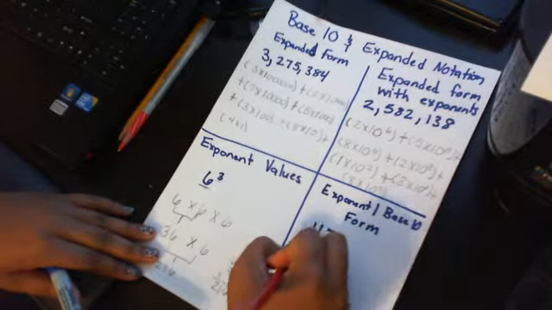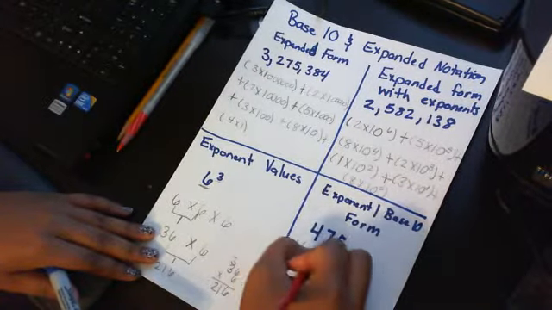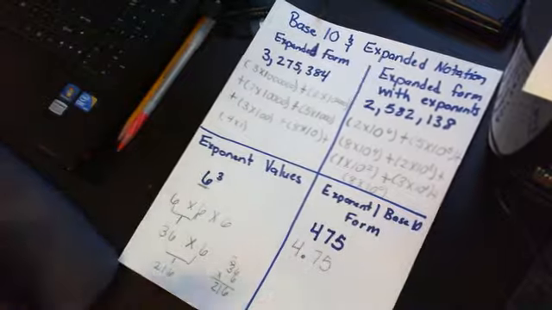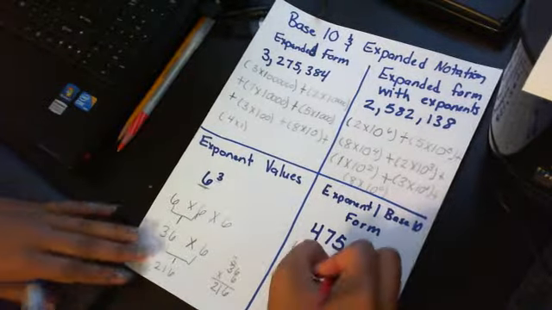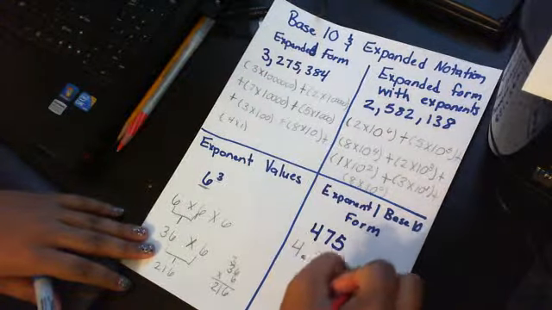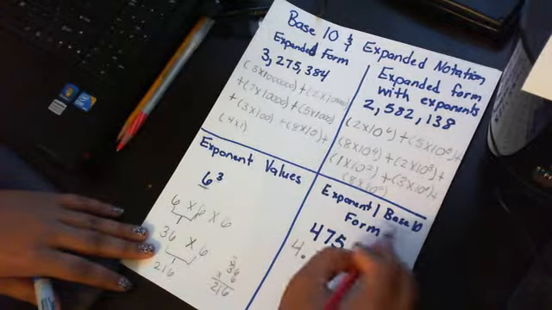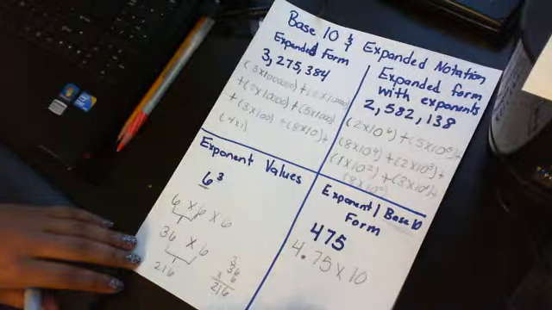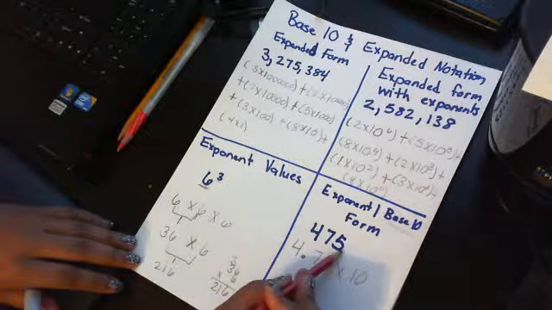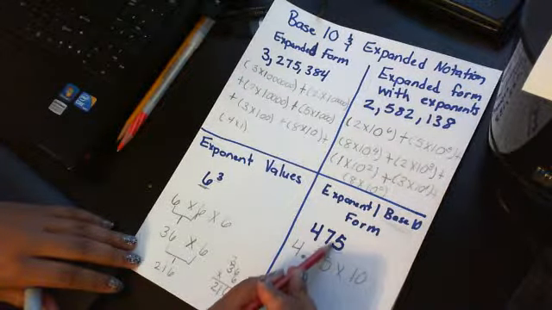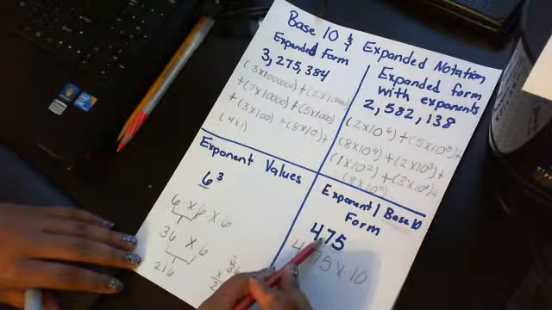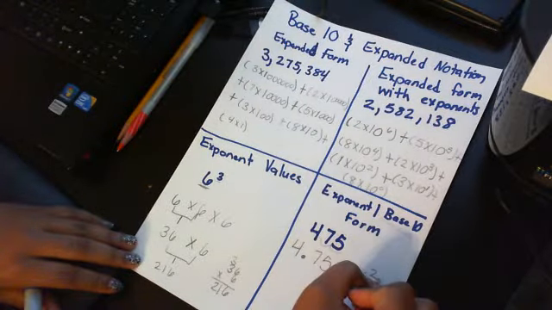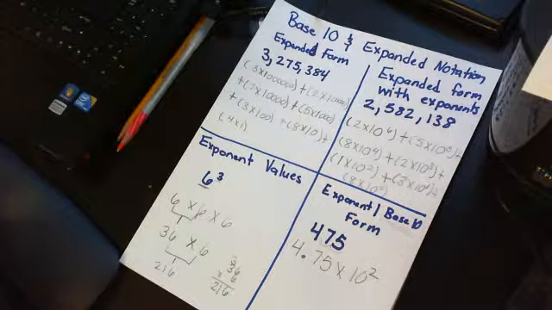So I'm going to put 4.75 times, it's base 10, so we have to have a 10. That's where the 10 comes from, because we're putting it in base 10 form. This was where our decimal was initially. We moved it one spot, and then we moved it another spot. So we get 4.75 times 10 to the second power.